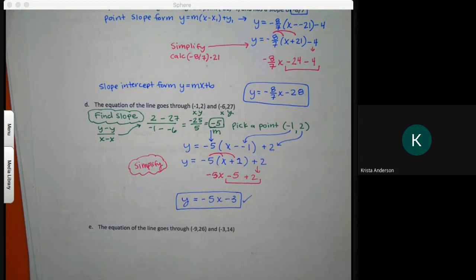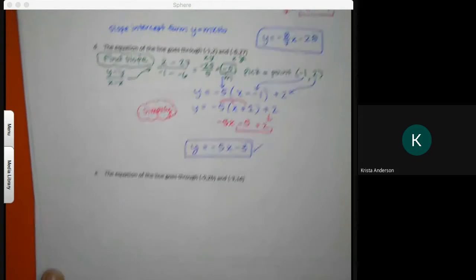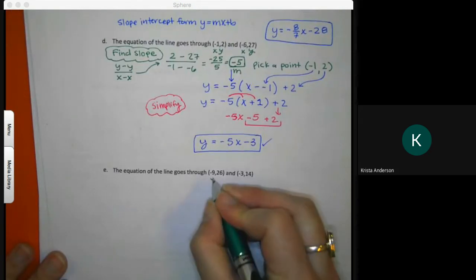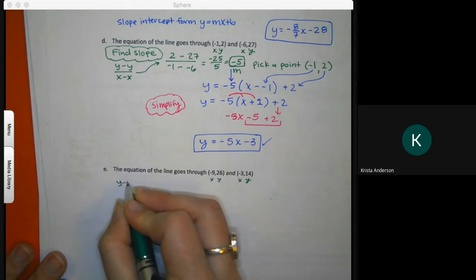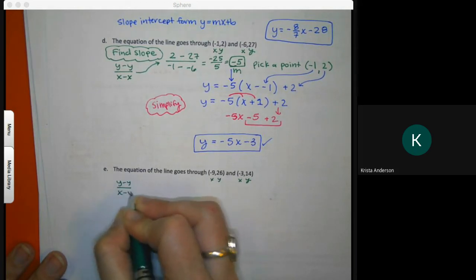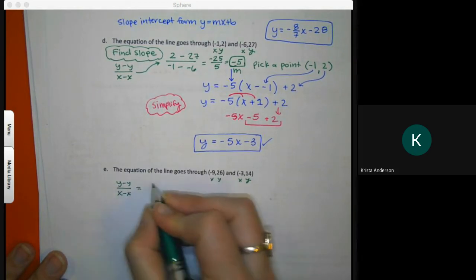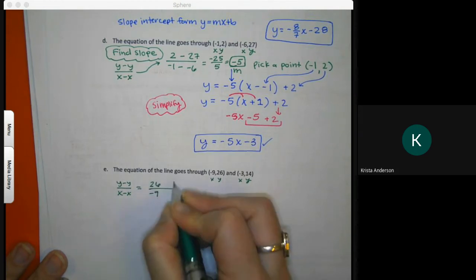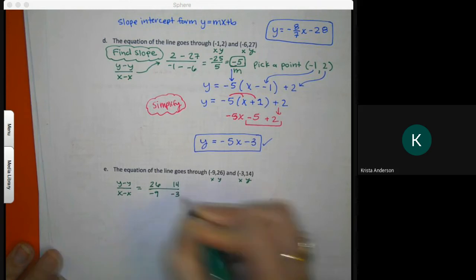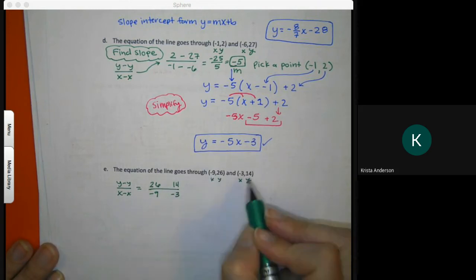All right, question E. Same thing, 2 points. X, Y, X, Y. I'm going to find the slope. 14 over -3. So I did y over x, y over x.